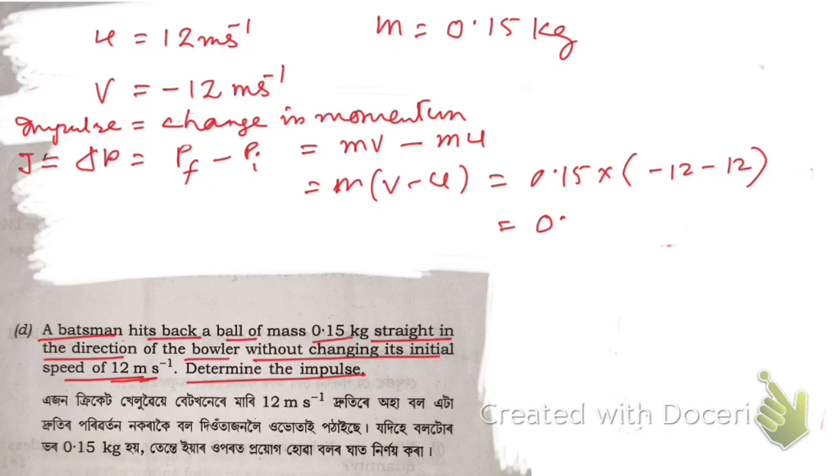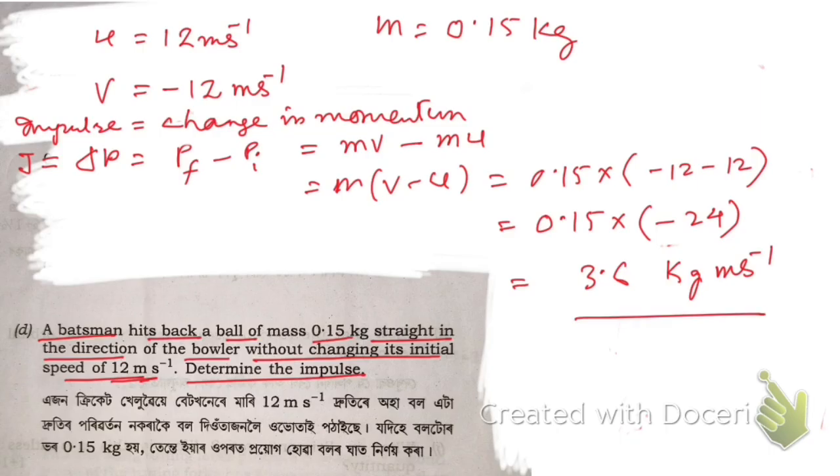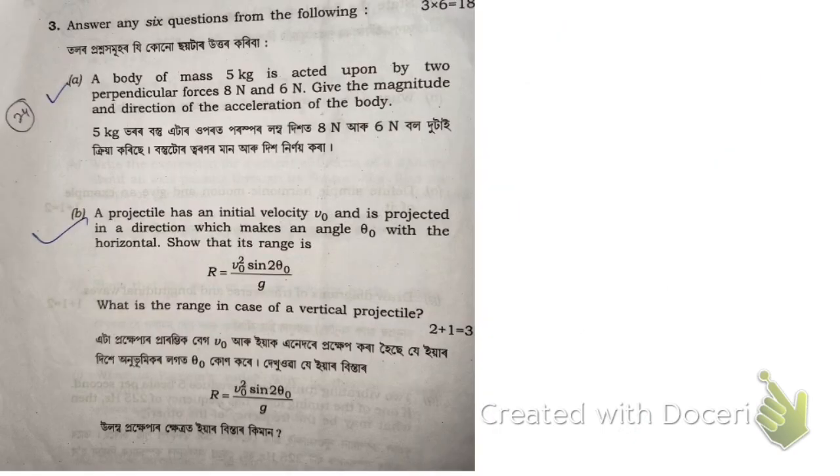So that's 0.15 into minus 24. If we multiply this, we get 3.6. Just give me a second. Not 0.36, it's supposed to be 3.6. This is the change in momentum, in kg meter per second, or you can say Newton second as well. So this is the impulse. Now let me solve the next question.